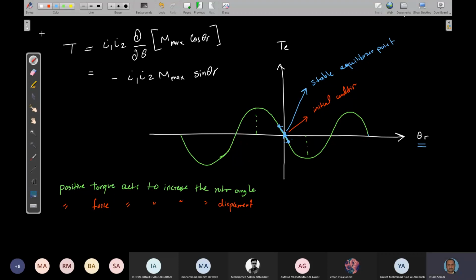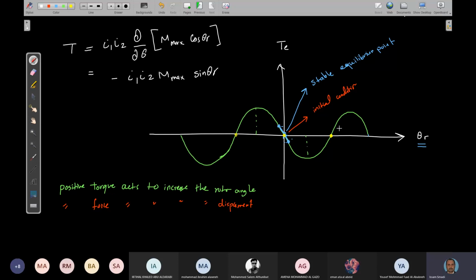Now, what about if I'm at this point? You know that at this point, the torque equals zero, correct? So let's assume I am at this point, and now there's a disturbance. The disturbance can push this point either to the left or to the right, correct?